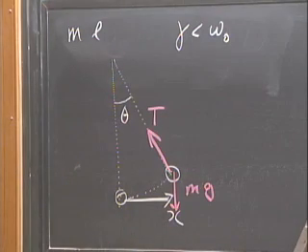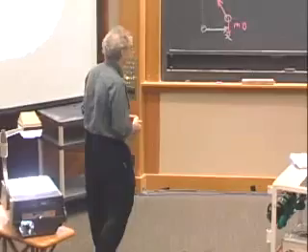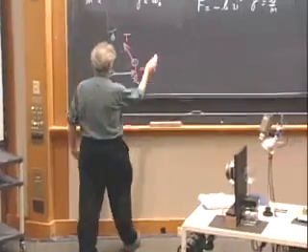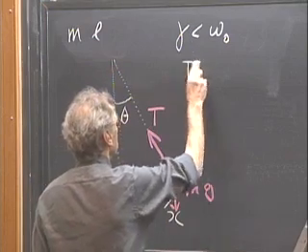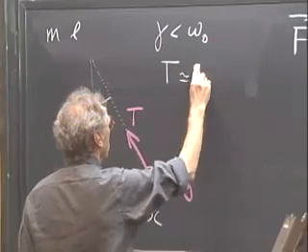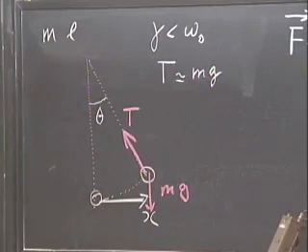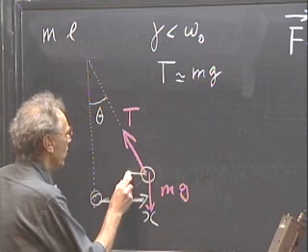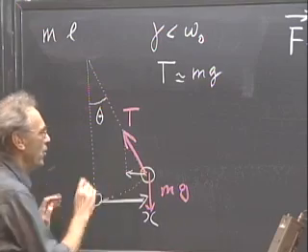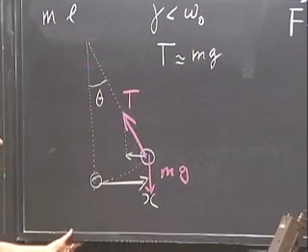Now, if we deal with small angles, as we have done before, more than once, then the tension T is very close to mg. So the only force that is driving it back to equilibrium, the only restoring force then, is the horizontal component of T. And so that is this horizontal component. That's the only one that we are concerned about.